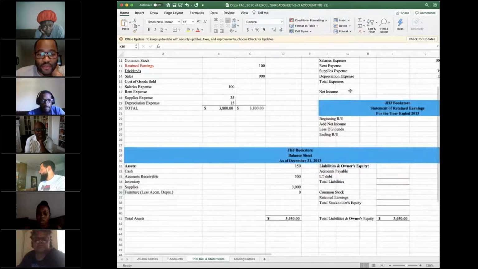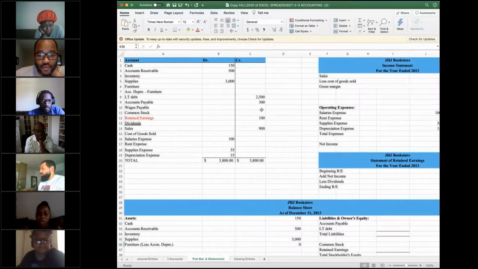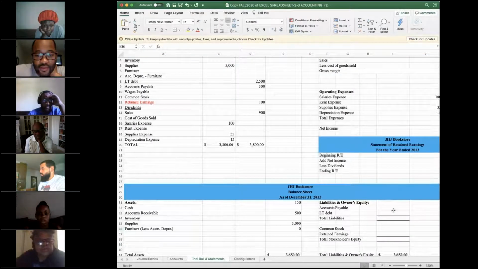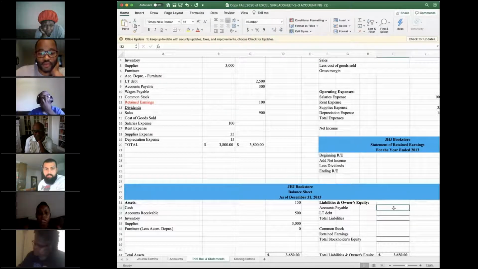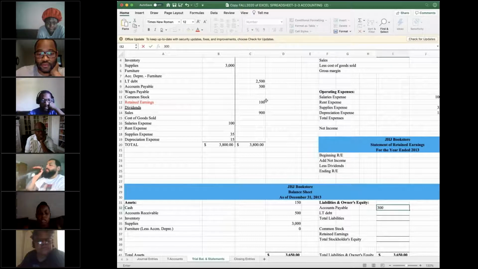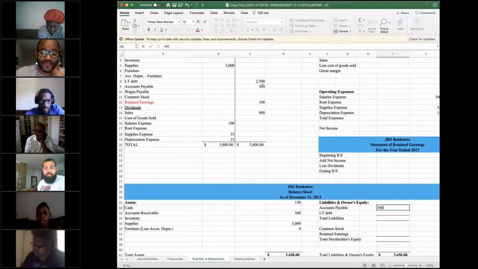Can you scroll up a little bit more? Accounts payable was what, 300? Yeah, put 300 here. Do we need retained earnings? Yeah, I think you might. And the long-term debt was 2,500.